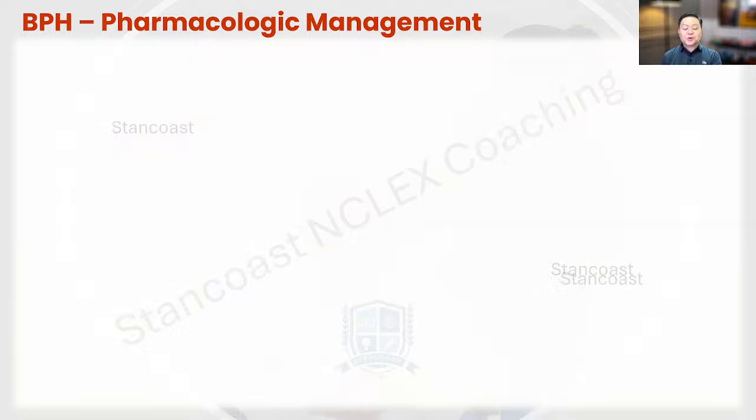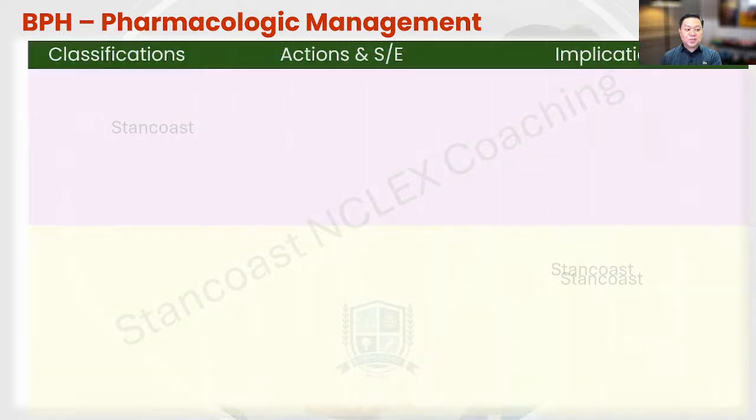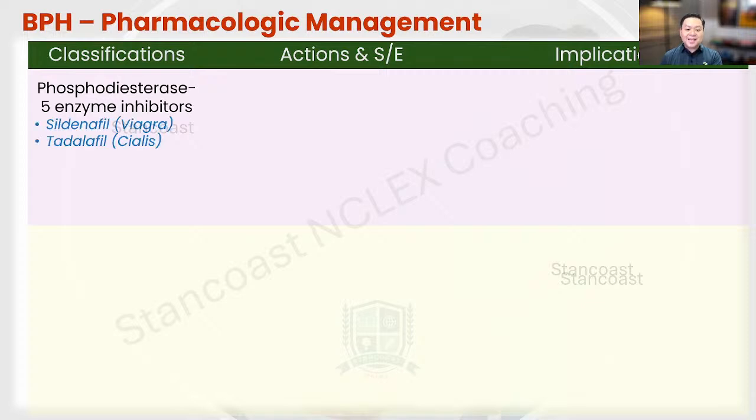Now, moving into another group of medication classifications, we have the phosphodiesterase 5 enzyme inhibitors, and these are your known Viagra, Cialis, sildenafil. So take a look at the suffix. Okay, so they're not really prescribed only to treat the ED, the erectile dysfunction, of our patient, but they are also prescribed to cause relaxation of the prostate muscles.